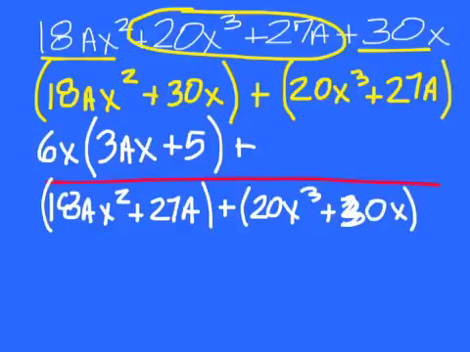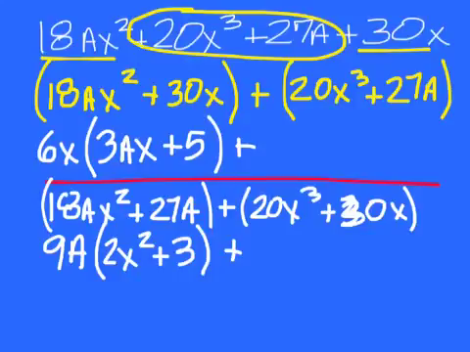Now what can I take out of the first set? 18 and 27. You can take out a 9. And what else? I can take out a 9 and an a. So to multiply 9a by something to get 18ax squared, that something must be 2x squared. And then 9a times what is 27a? 3.